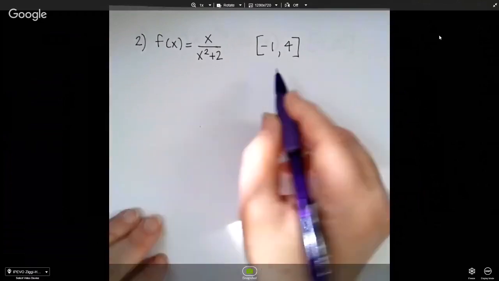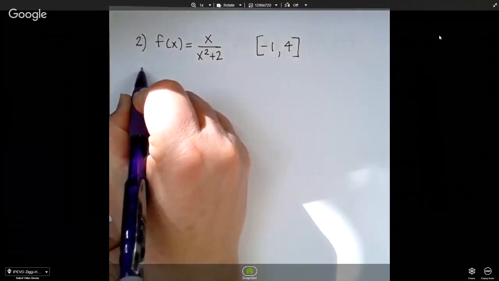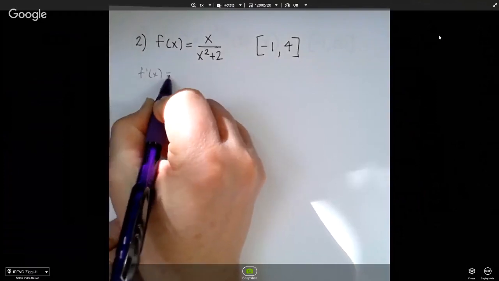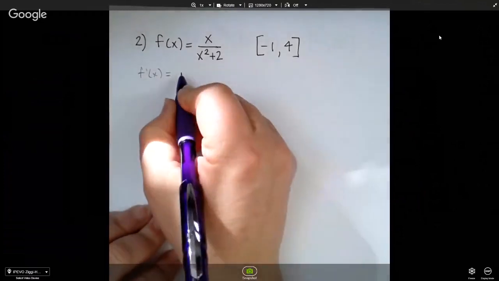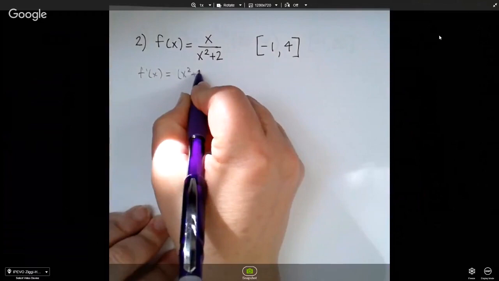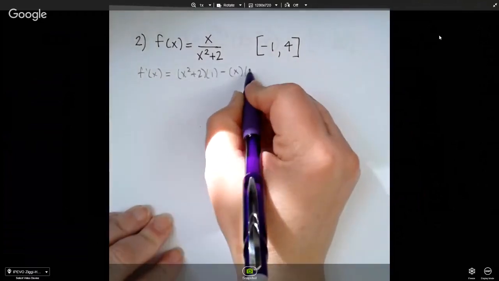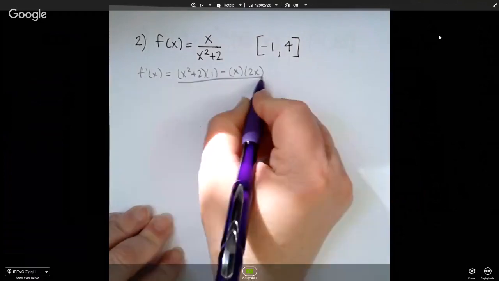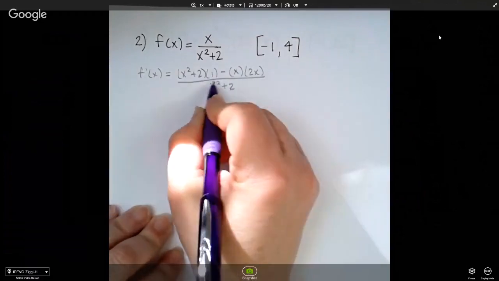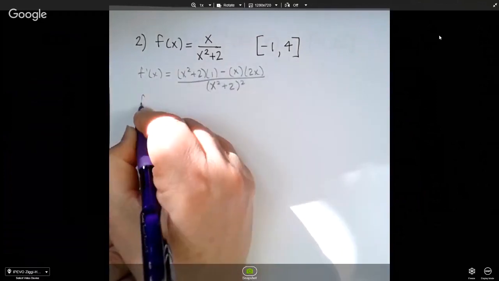All right, so the first thing we do is we take the derivative of this function. So f prime of x using the quotient rule, which we all know and love, is going to be low d high minus high d low, all over low squared, which is x squared plus 2, quantity squared. And let's simplify things.